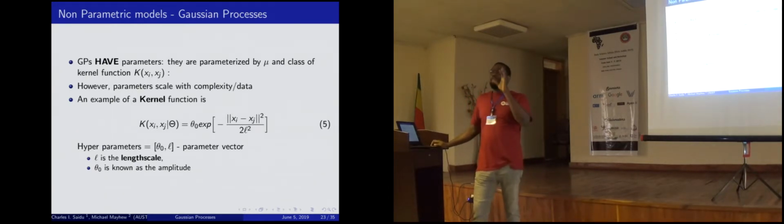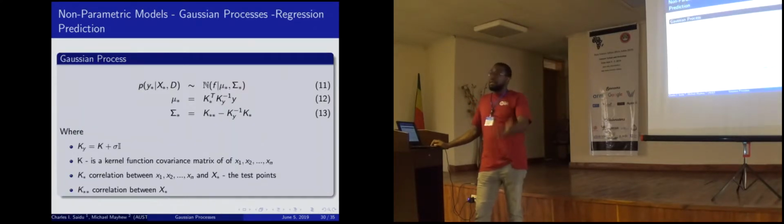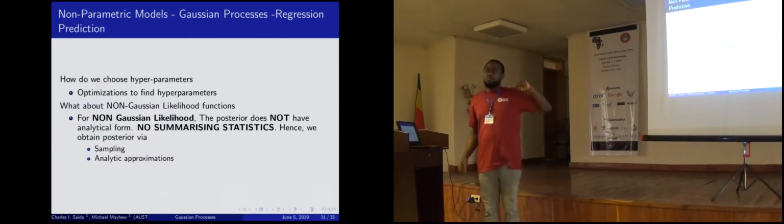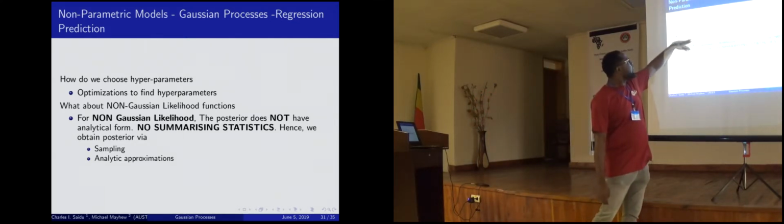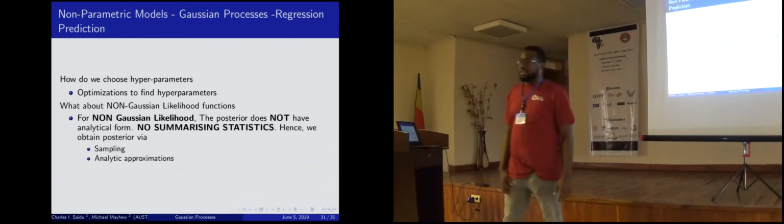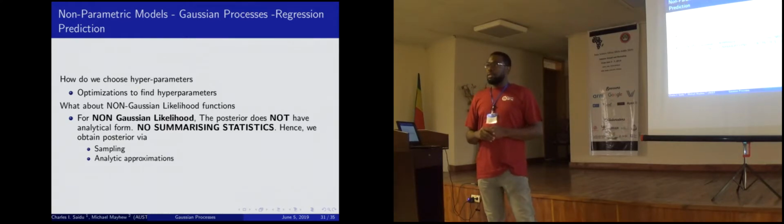You could fix those parameters and get a closed form solution using this formula, or you can learn the parameters from data via optimization. So this is what I'm trying to say here. How do we choose the hyperparameters for a Gaussian process? We can use optimization to find the hyperparameters that fit well with your data, or you just assume fixed hyperparameters and then do your predictions.